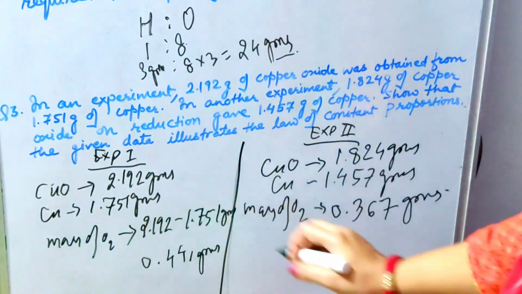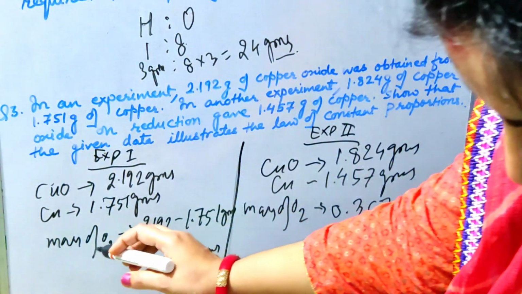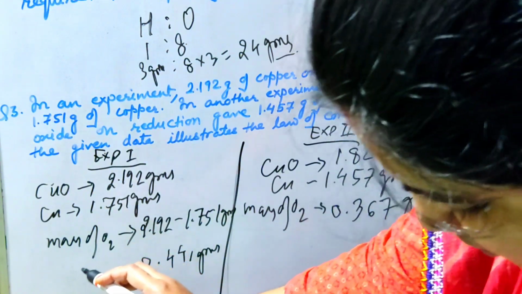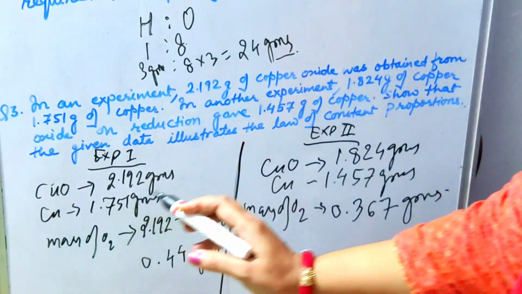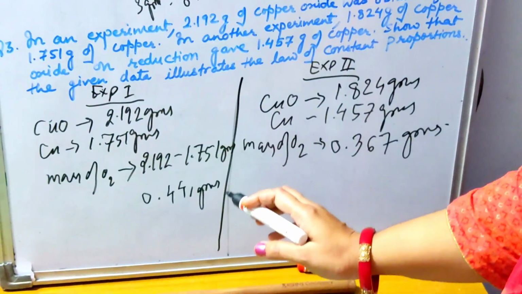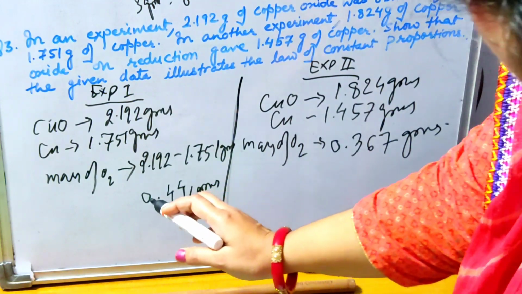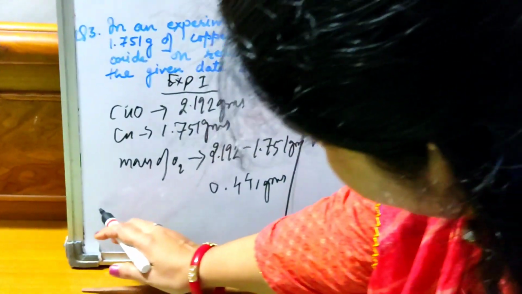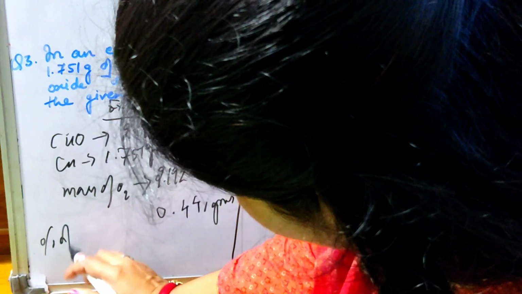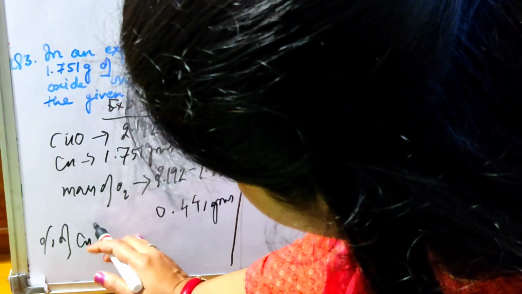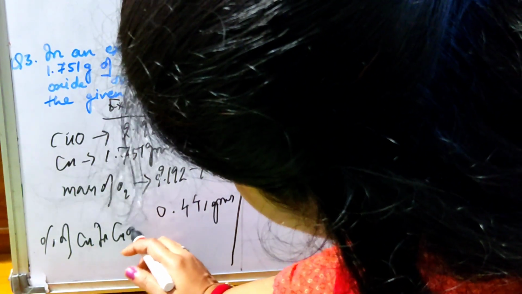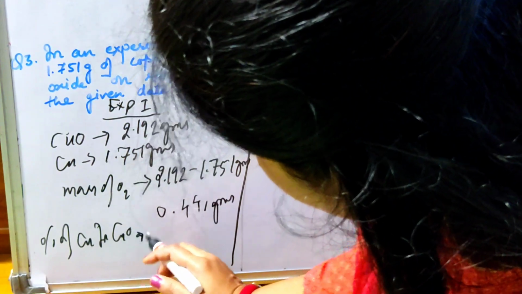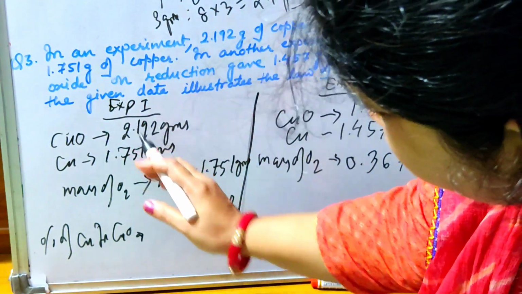Now in both the sections we will find out the percentage of oxygen in copper oxide, okay, and the percentage of copper in copper oxide. When you find out the percentage of copper in copper oxide, how will you find out? You will just divide this number by this.